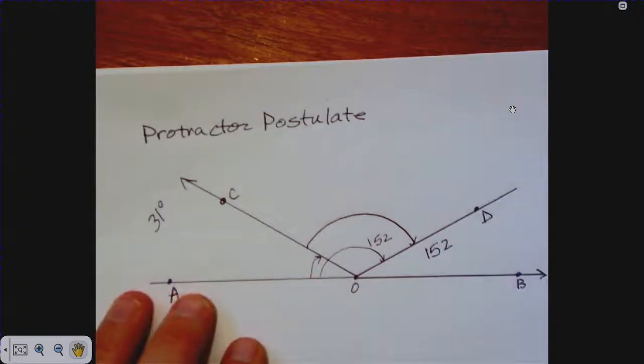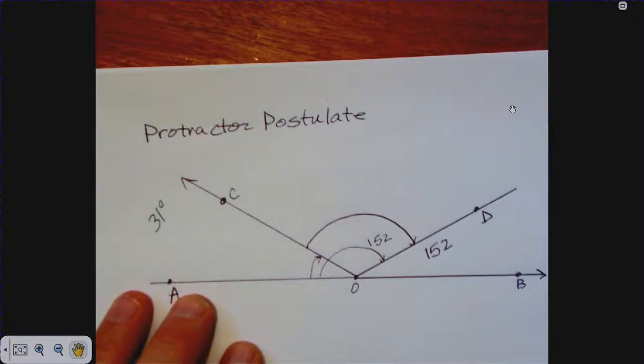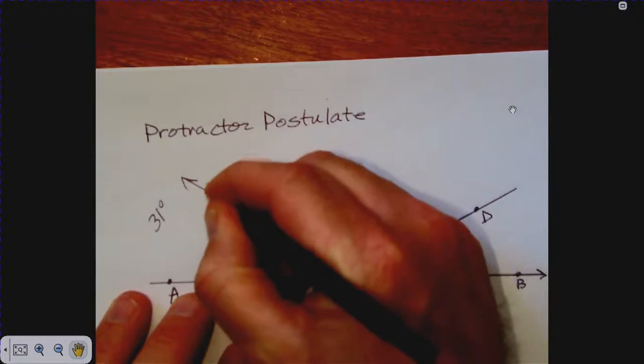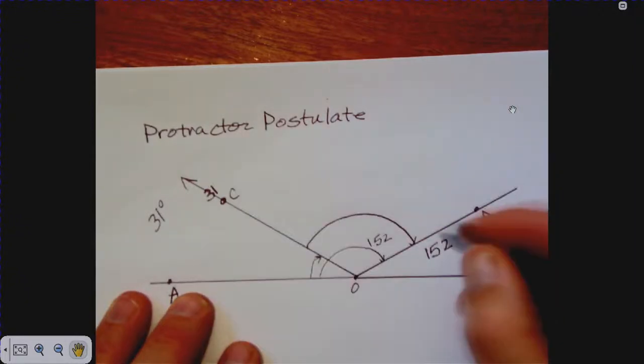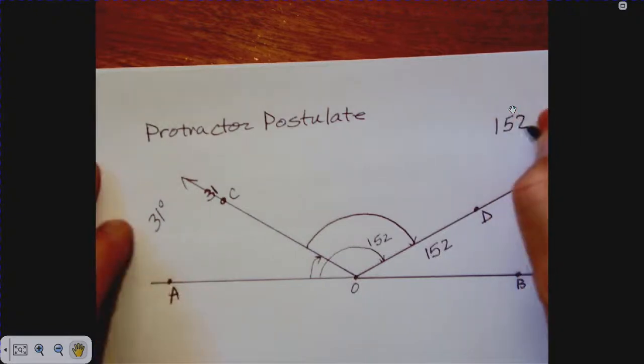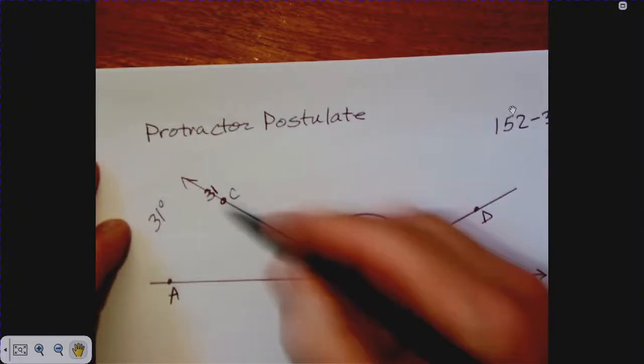And if I want to know this angle here, what I can do is take the measure of this angle COD as this measure here of 31 and this measure here of 152, and go 152 minus 31, and that is going to equal angle COD.